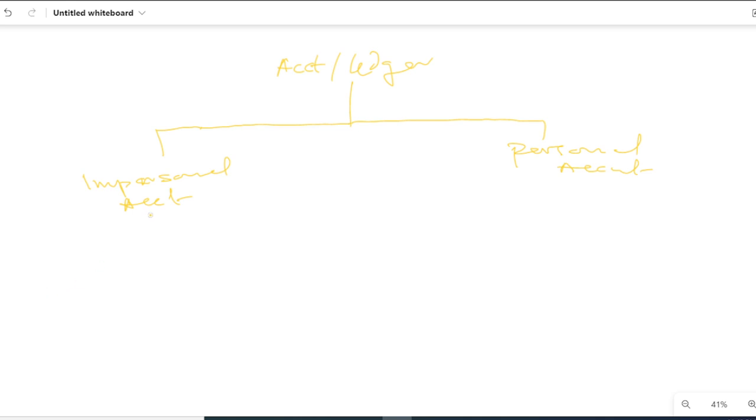Under impersonal, also divided into two, we have real and nominal ledger.